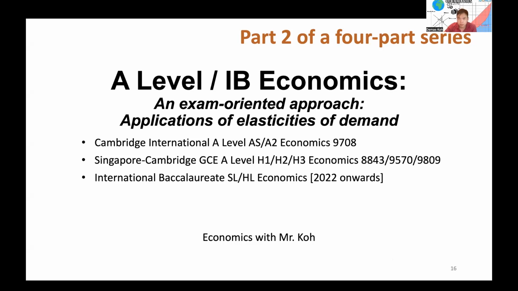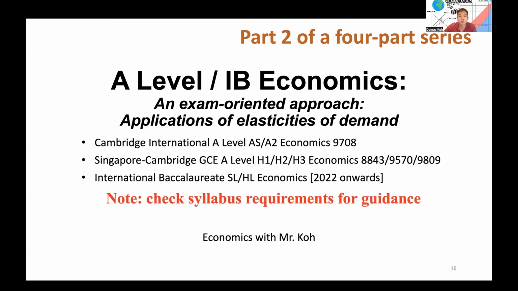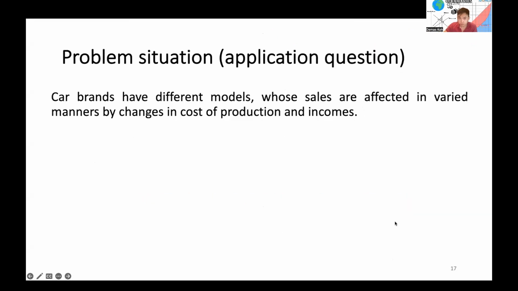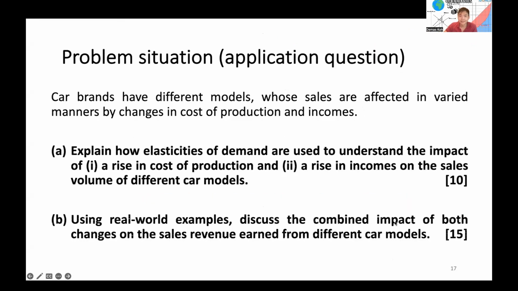So this is the second part of a 4-part series, and just a reminder to please also check the syllabus requirements for appropriate guidance. So this was the problem situation application question.